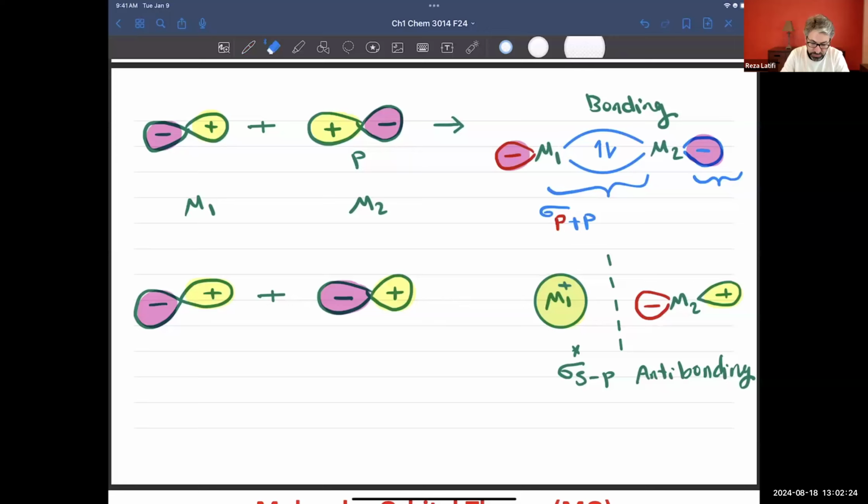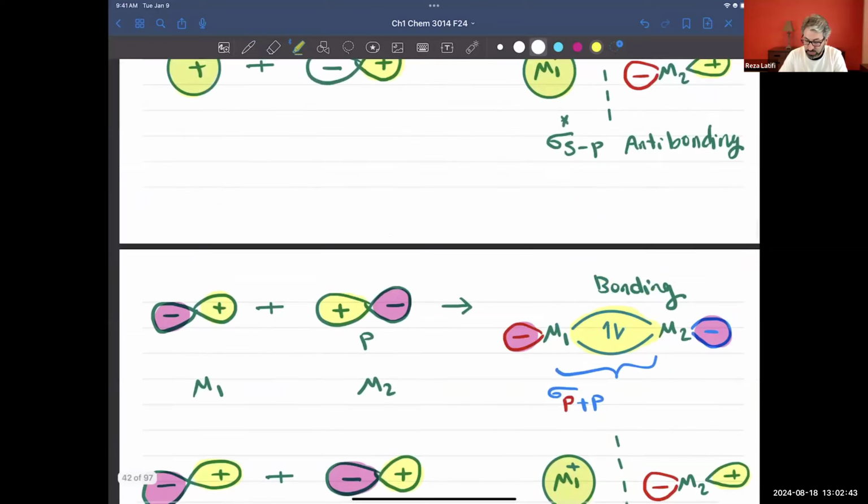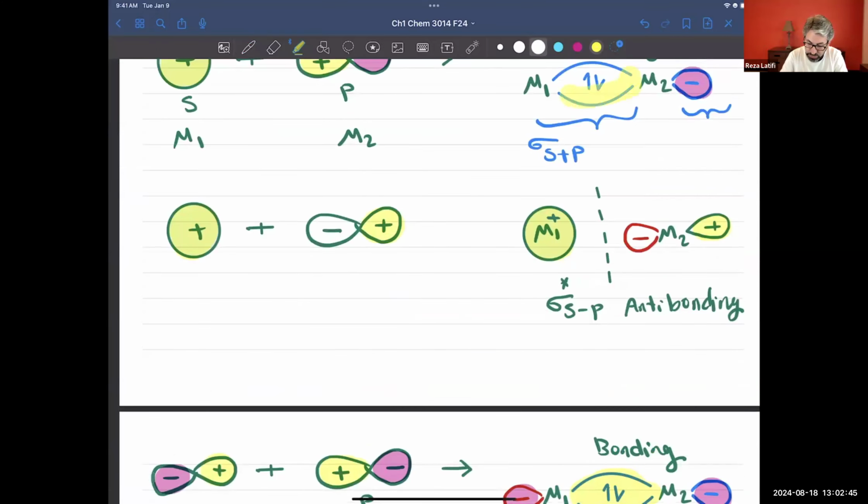But this time I got two areas that are not helping me with bonding. Whenever we're talking about sigma, this is technically the sigma area, similar to that one.